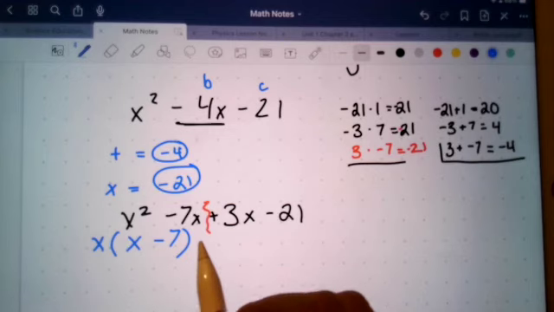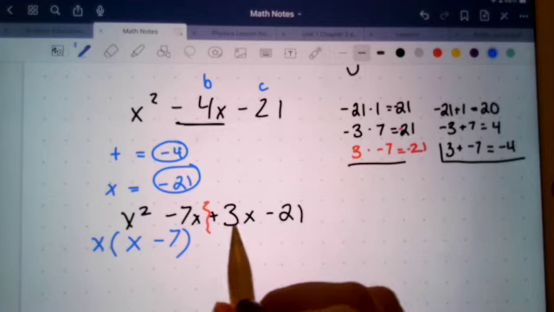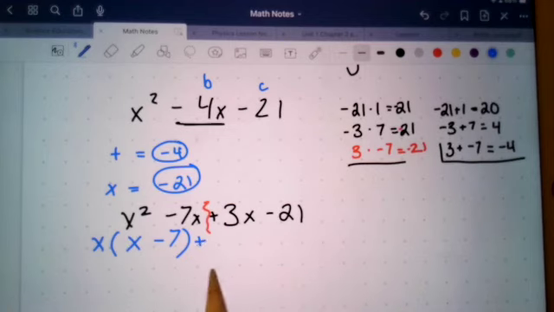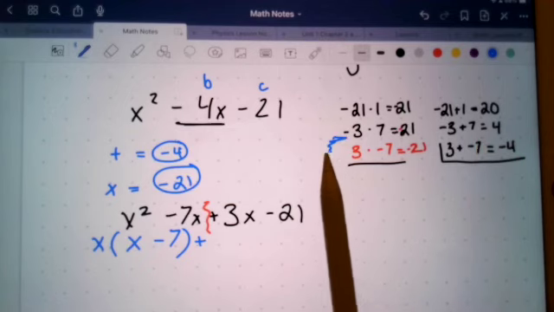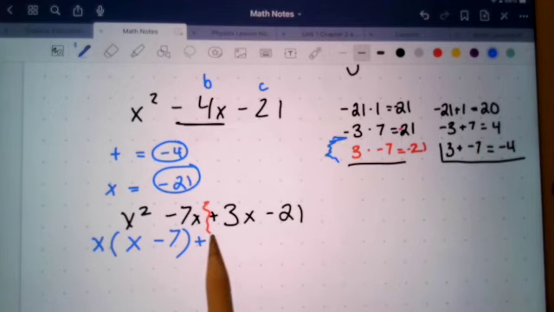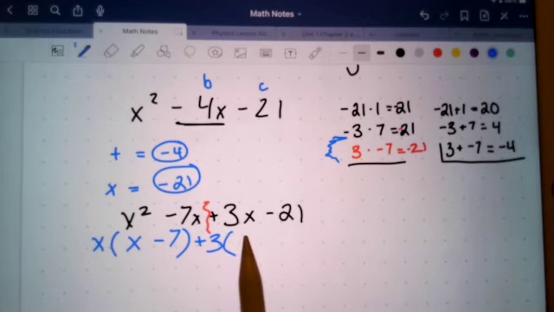Now this next one here, I'm going to put that little positive plus sign here right away. So I'm going to leave that outside of the brackets. Then I'm going to be left with 3x minus 21. Now, we already know that 3 multiplies into 21 because I solved for that up here. So I'm going to take out the 3, and I'm going to be left with the x, okay? So I've left the x inside.